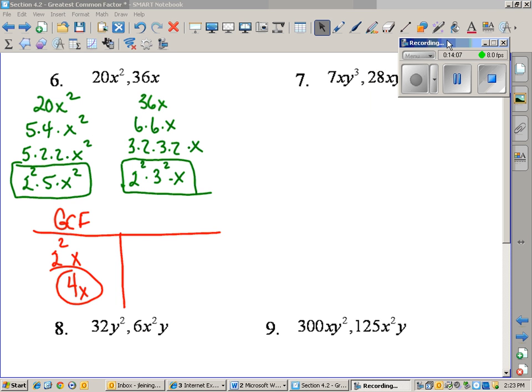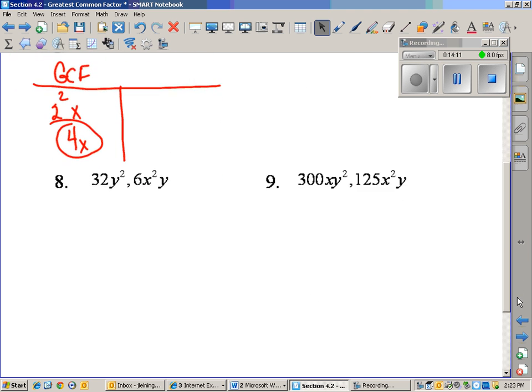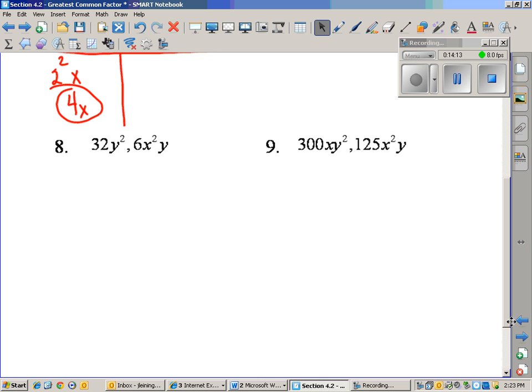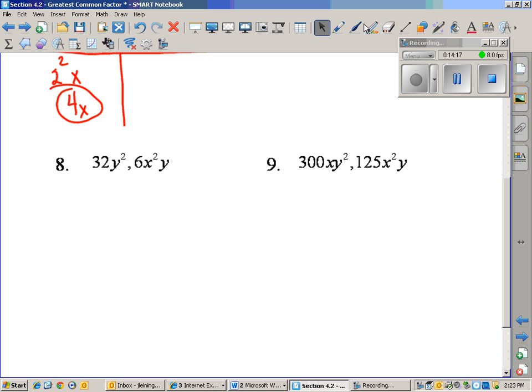Okay, I'm going to leave 7 for you. We're going to come down here and let's work 8, and then I'll leave you 9. So 32y squared.